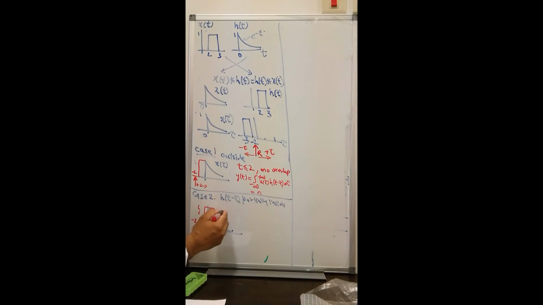This is the overlap. This is 0, this is the tau axis, and this is x. Now what is x? This is t, the shift from the reference. So x plus 2 equals t, which implies x is equal to t minus 2.